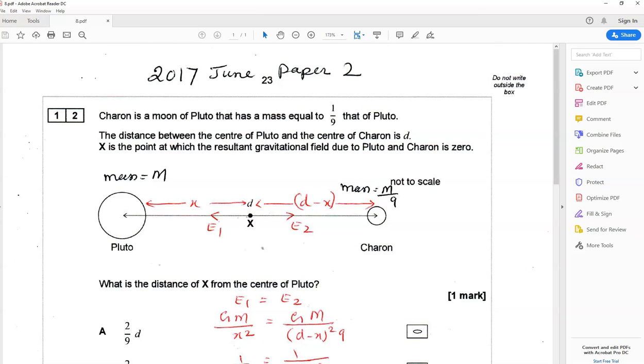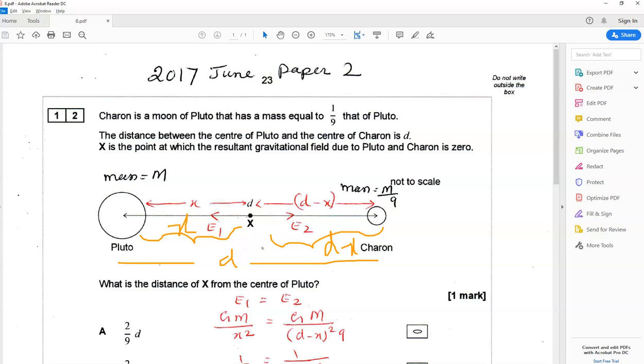I'm going to say that the distance of this point X from the planet Pluto is x, and this distance will obviously be d minus x. The problem has already given that the distance between the two planets is d. If I assume the distance from this planet is x, it's obvious that this distance will be d minus x.